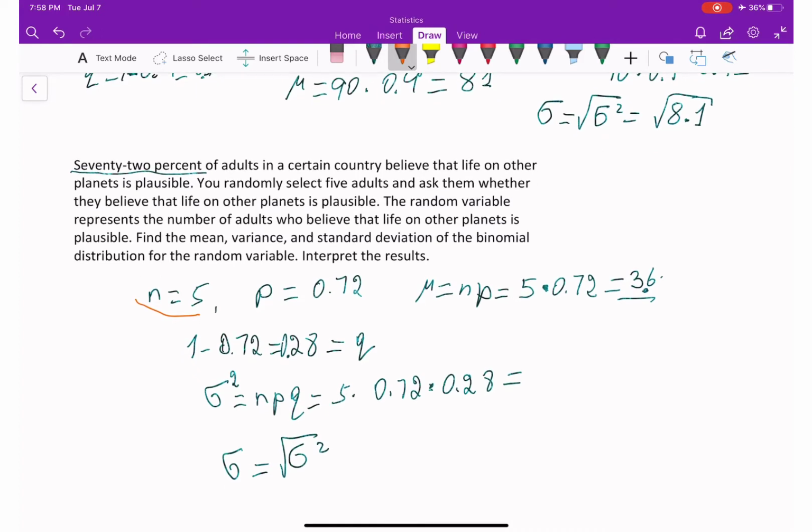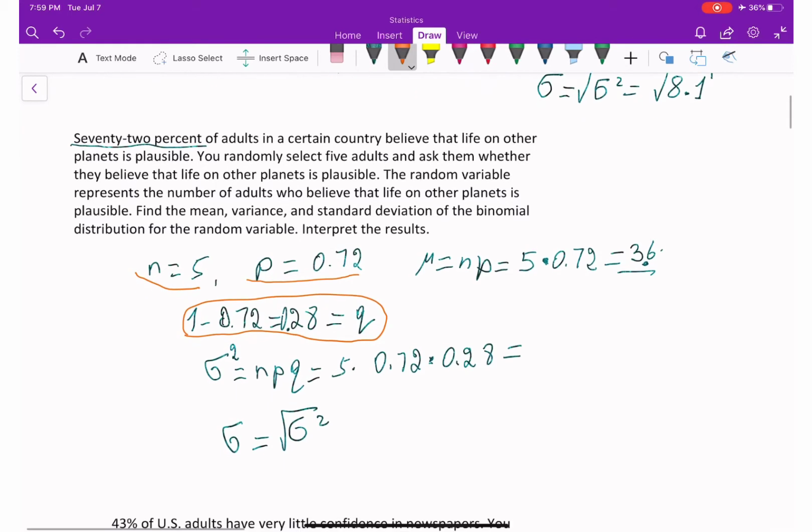All right, the same way, so 72%, it's going to be our p, probability of success, where q is going to be equal 1 minus 72%, you get 28%, yes, and from there you calculate exactly same way. Mu is equal n times p, 5 times 0.72, and sigma squared is equal n times p times q, n is 5, p is 0.72, and q is 0.28.